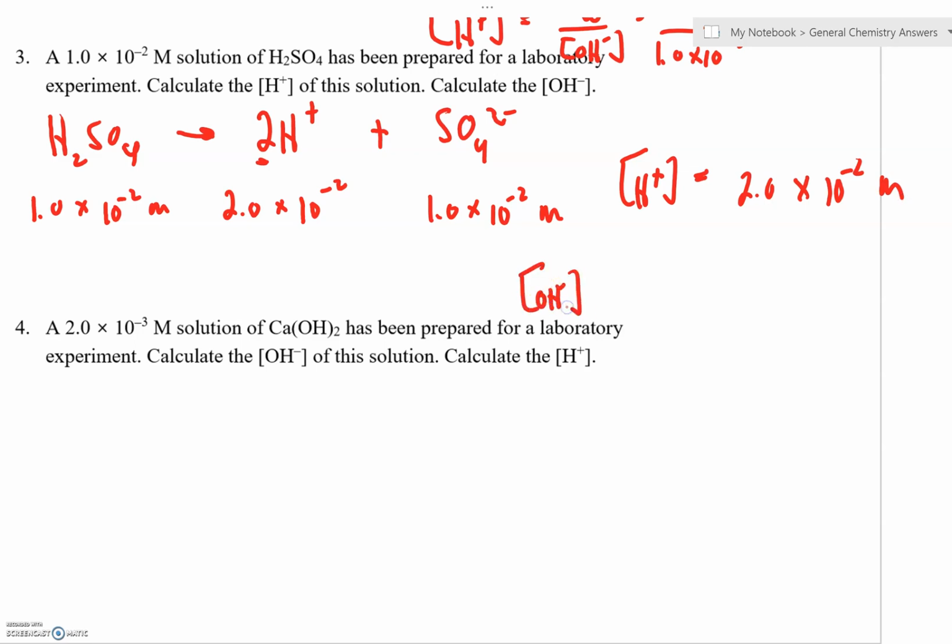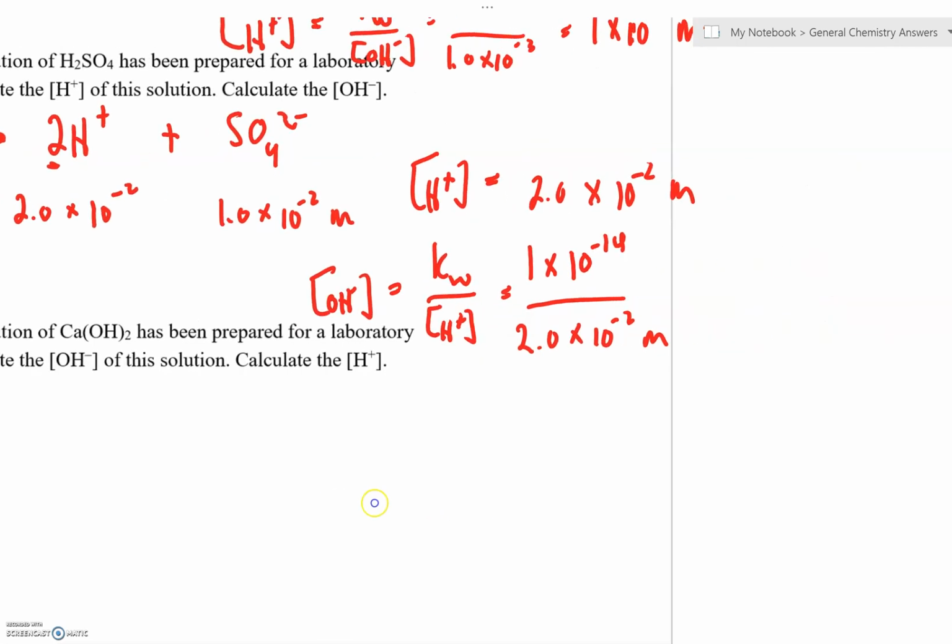Let's solve for OH minus. We've already done it. We know it's Kw divided by H plus, which you just found. So this is 1 times 10 to the minus 14th divided by 2 times 10 to the minus 2 molar.